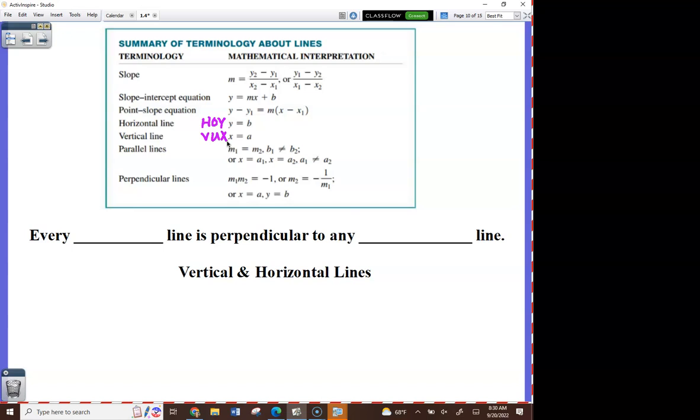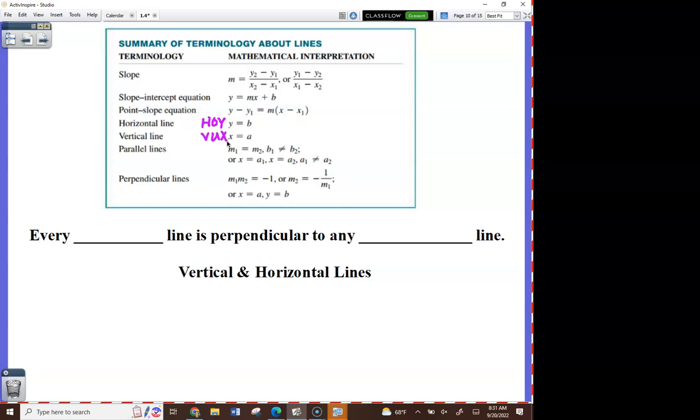The numbers right there are just where the line crosses those axes. We talked about parallel lines and perpendicular lines. This is summarizing the slope. You will have a formula sheet for the Chapter 1 exam. I'll give that to you as we get closer so that you can see what you do not have to memorize, what will be given to you.